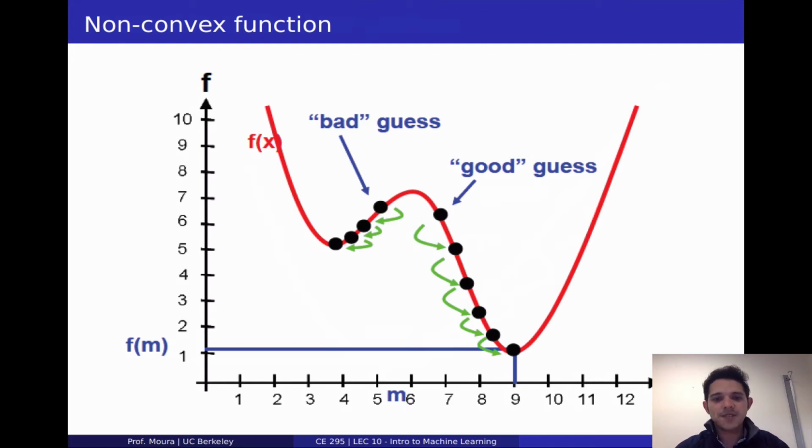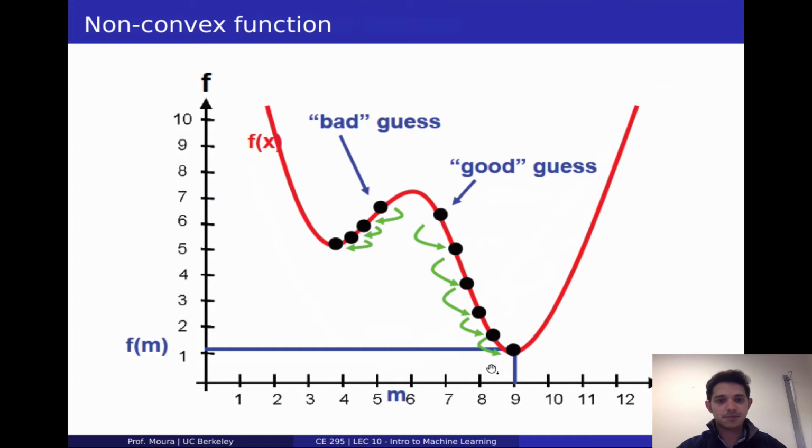So emphasizing achieving global optima may be important or may not really be important in practice. Although I said good guess and bad guess, actually the key point in this slide is not good and bad. The key point is that depending on your initial guess, you may converge to different local optima.